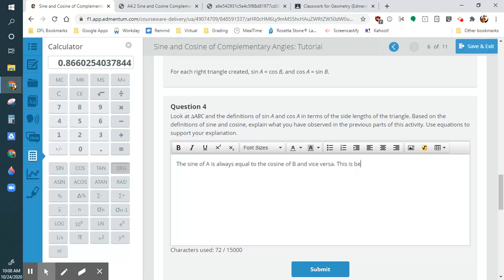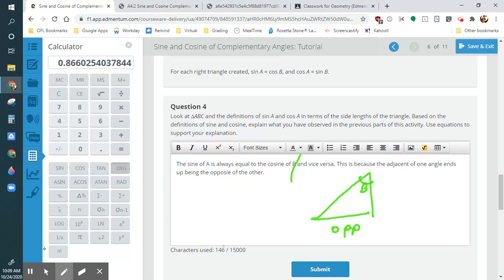This is because the adjacent of one angle ends up being the opposite of the other. What I'm basically saying here, I kind of explained it a little bit earlier, is that if I have a triangle, this angle B, the opposite is actually the adjacent for the other. Oops, it should be a capital A.